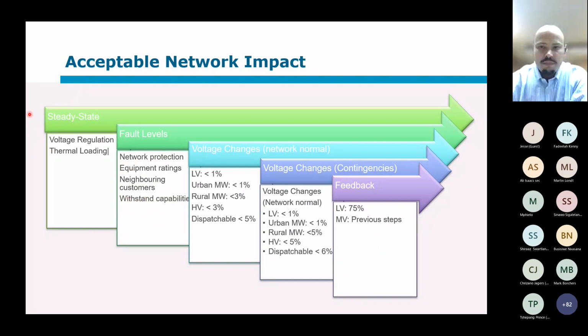Typically, acceptable network impact, you would look at the steady state conditions of your network, and that's both voltage regulation at all your customer nodes, as well as thermal loading. I say customer nodes because that is actually where you are regulated by your license conditions.